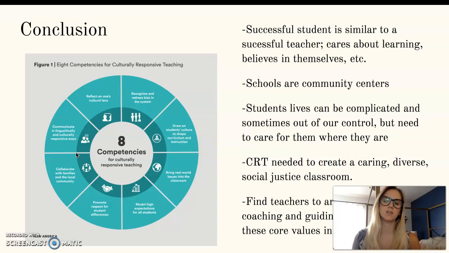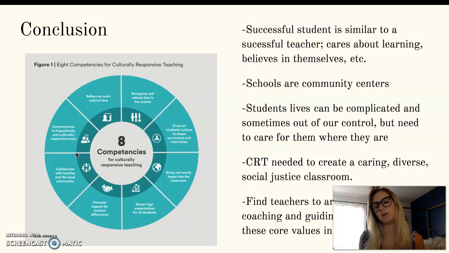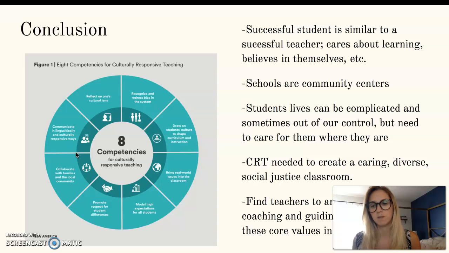The last point that I really love that they made was finding teachers that are also dedicated to coaching and guiding students to be their very best. So, there's that famous article about finding your marigold teacher, basically meaning that find that teacher, find those group of people that are going to not tell you it's too hard or difficult or out of reach, that we really can make a difference and believe that that's possible.